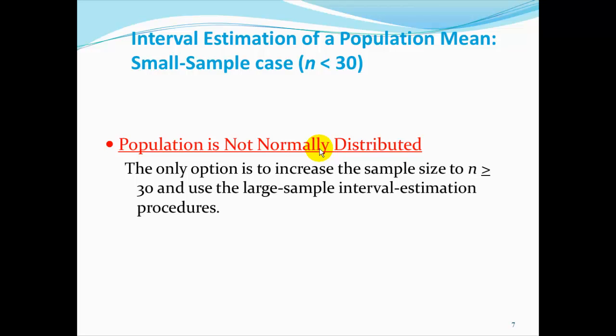However, with a small sample case, since we don't have the central limit theorem to stand on, if we don't have the knowledge of the population being normally distributed, the researcher must return to the drawing board and collect a sample that is at least 30. With the large sample case, they would be able to proceed using large sample formulas, whether sigma is known or unknown.